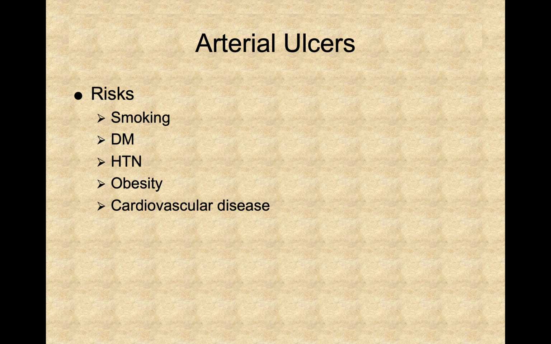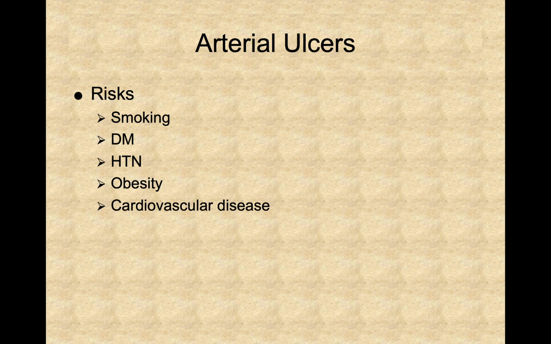So when we develop arterial ulcers, it's typically because blood flow has not been able to get to that tissue, which is problematic. When we don't get blood flow to a tissue, we don't get oxygen or nutrients to that tissue. So if there's any type of injury, that tissue doesn't have what it needs to be healthy, right?